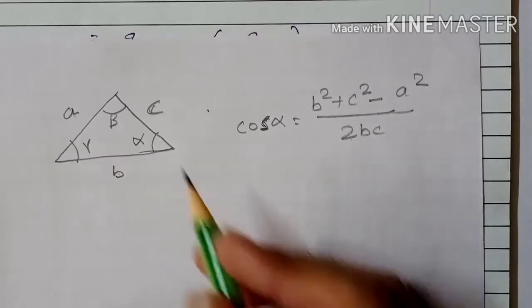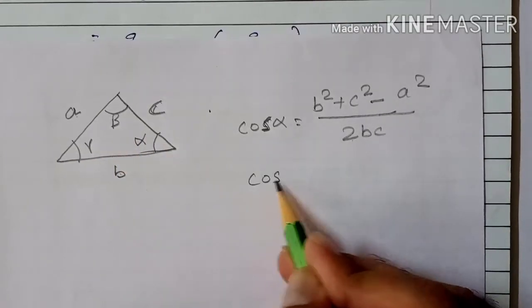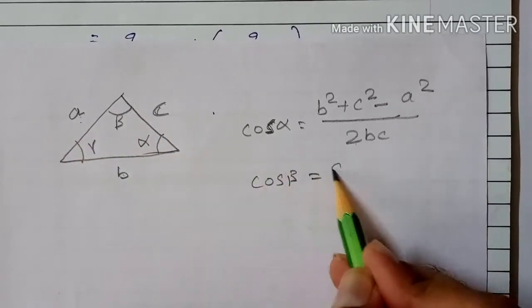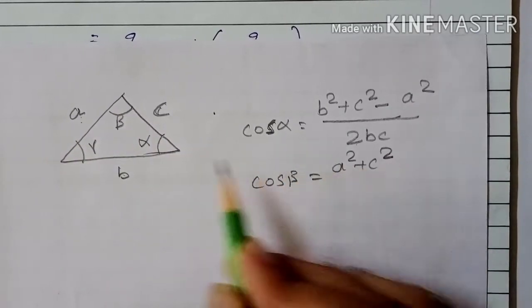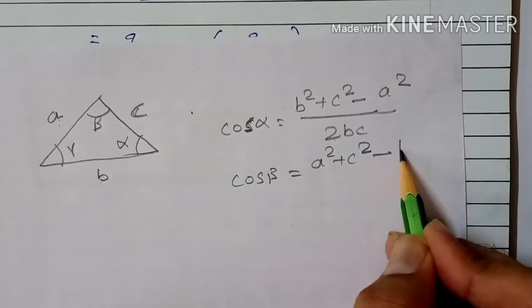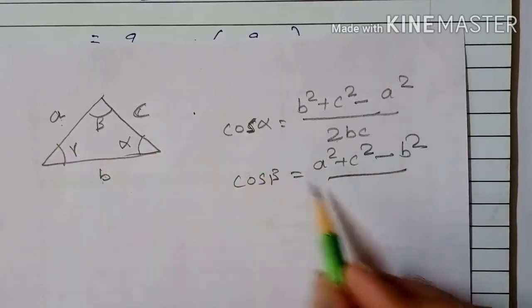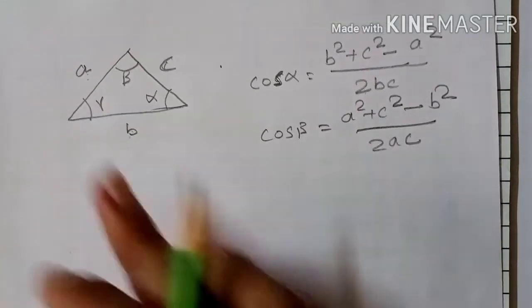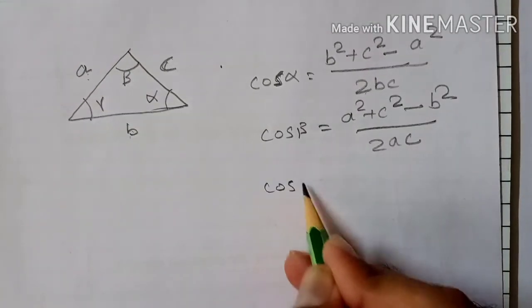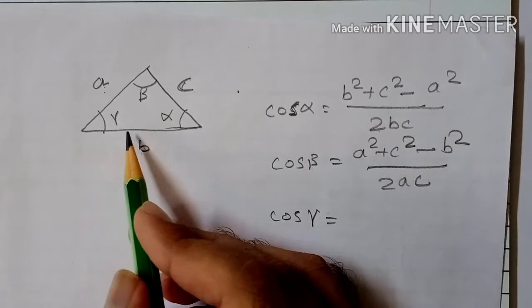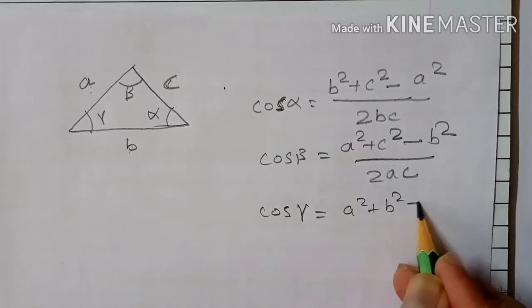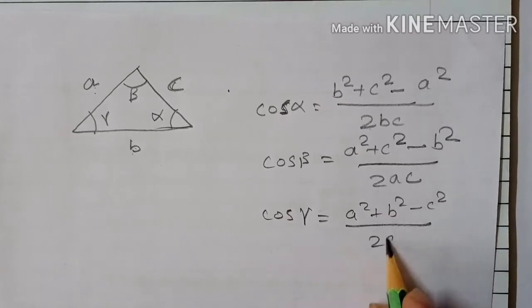Same way, if we want to find cos beta, then cos beta is equal to a square plus c square minus b square upon 2ac. Same way, if you want to find cos gamma, then cos gamma is equal to a square plus b square minus c square upon 2ab.